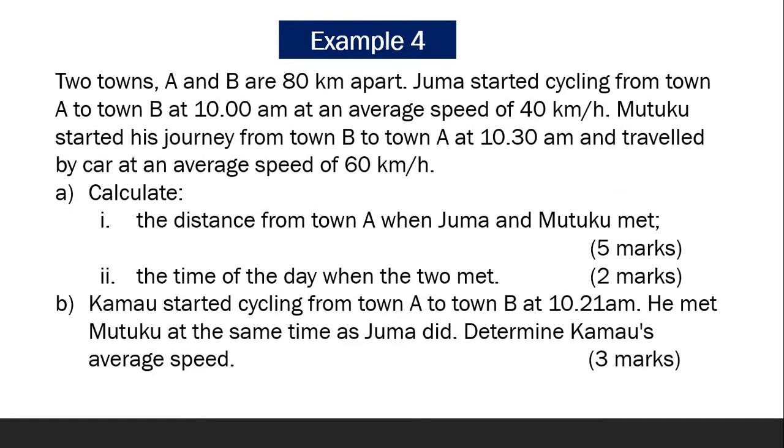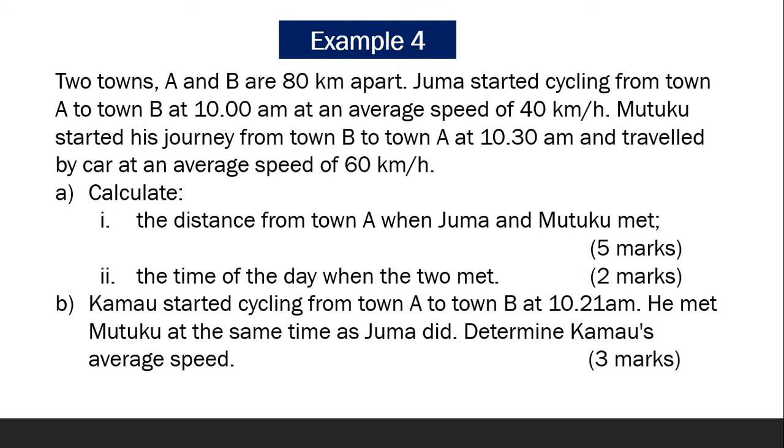Example 4. Two towns, A and B, are 80 kilometers apart. Juma started cycling from town A to town B at 11 a.m. at an average speed of 40 kilometers per hour. Mutuku started his journey from town B to town A at 10:30 a.m. and traveled by car at an average speed of 60 kilometers per hour.